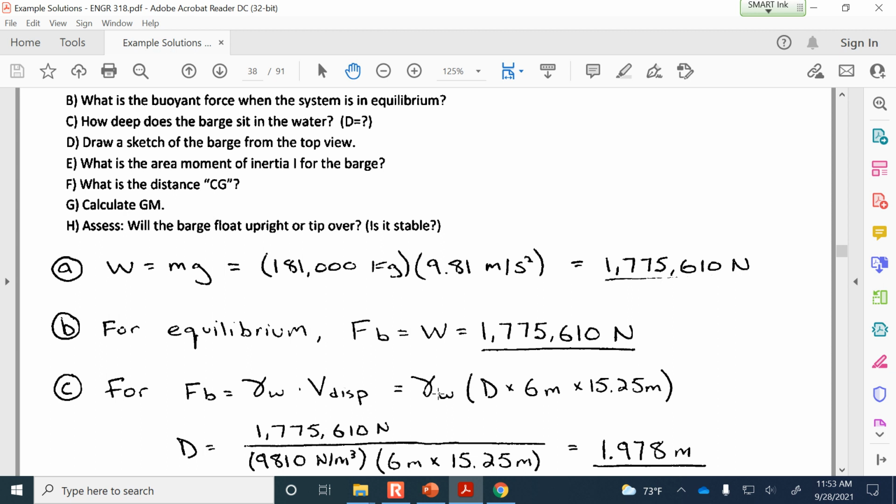We know the width of the barge is 6 meters, the length of the barge 15.25, so the only term that is unknown is the depth of the barge. So we solve for D and get 1.978 meters. I circulated around and it seemed like most people got that same thing. So that's D. Any questions so far?